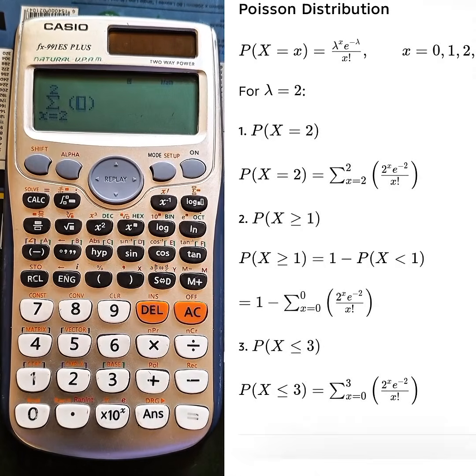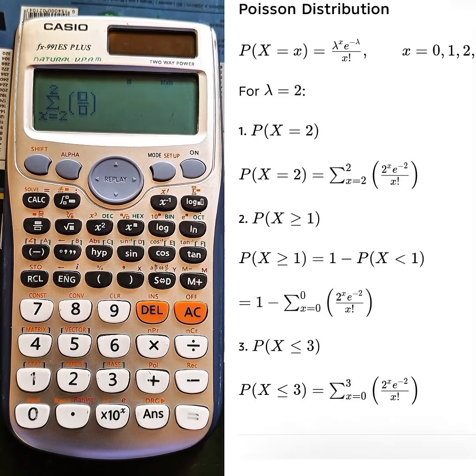Now this is a Poisson distribution, so we have x. For a Poisson distribution, x starts from 0 to infinity. The formula is given with a division sign, so to make it easier, we'll press this here, and our division sign will appear.